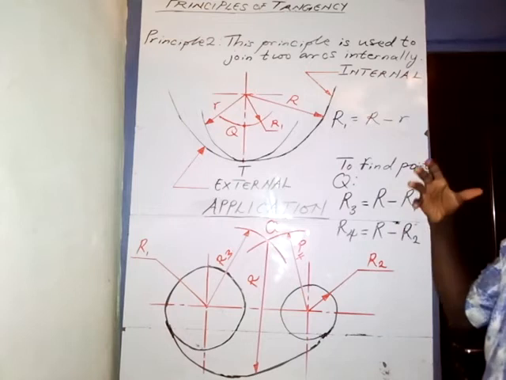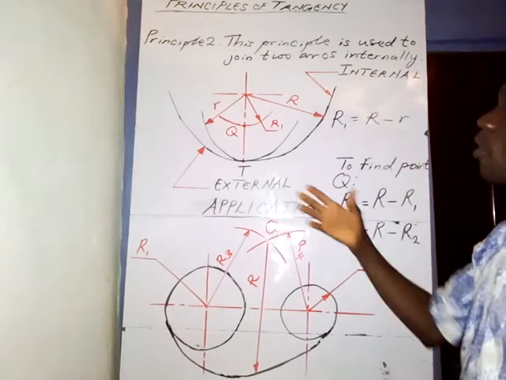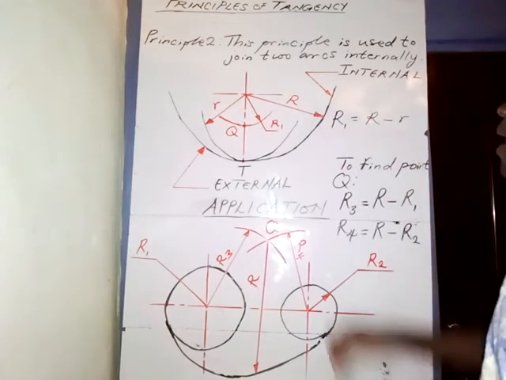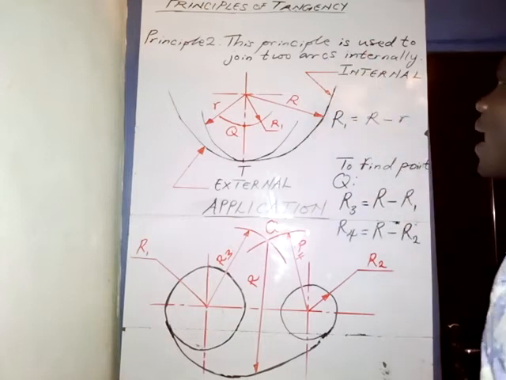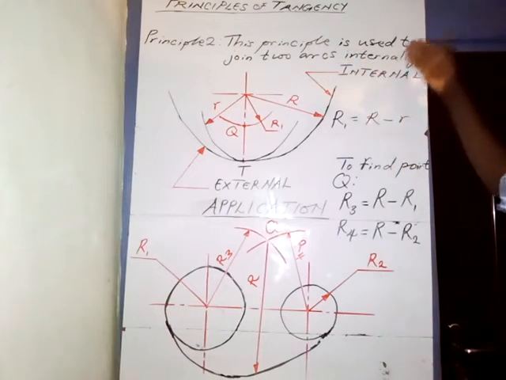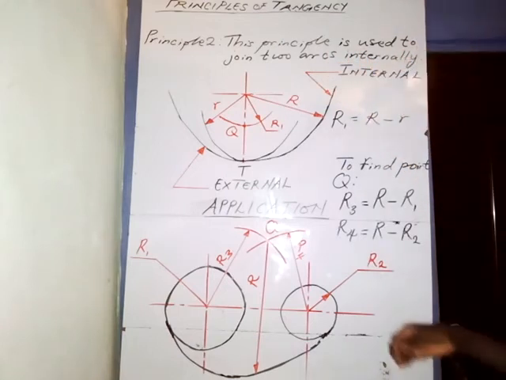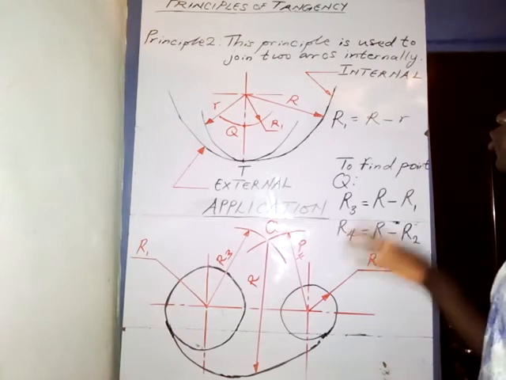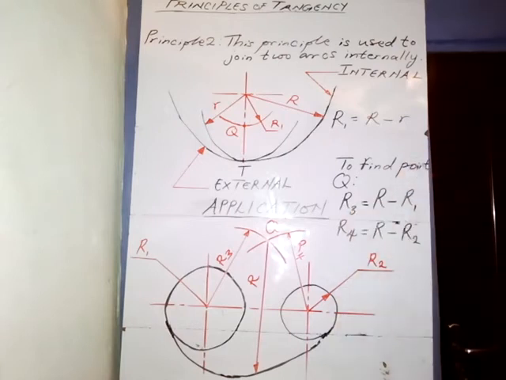But for the second principle of tangency, as written here, this principle is used to join two arcs internally. So we use the second principle of tangency to join two arcs internally.